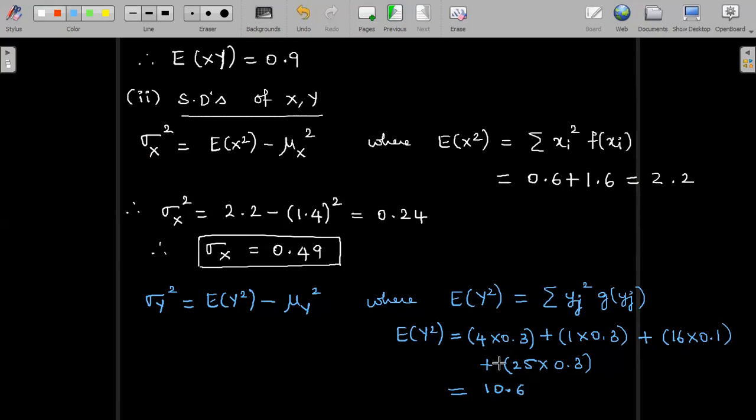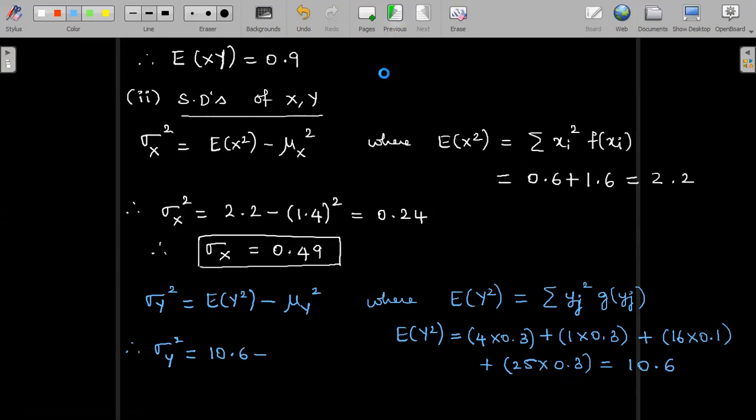Now, with this value of E of y square, let us evaluate sigma y square. So this is equal to 10.6 and hence I will substitute here. Sigma y square will be E of y square, which is 10.6, minus mu y square.